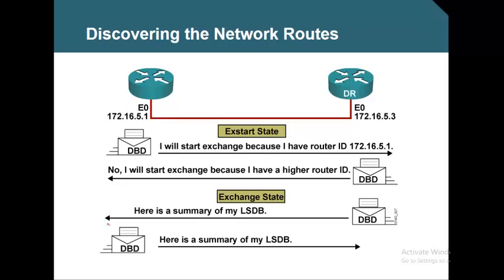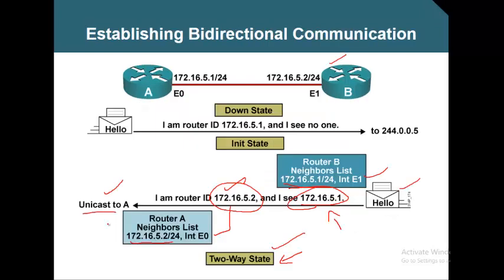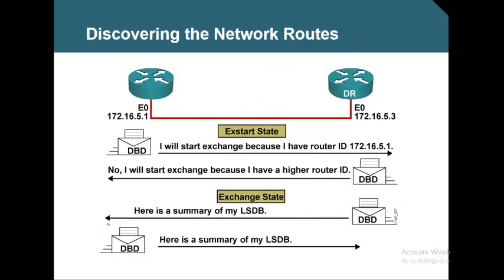Forming full adjacency. To form full adjacency, if you stay in two-way state, it's not possible. Between the other routers, they stay in two-way state. But with the DR, all the routers will now try to form adjacency. For that, they have to first come to a conclusion who is big and who is small.